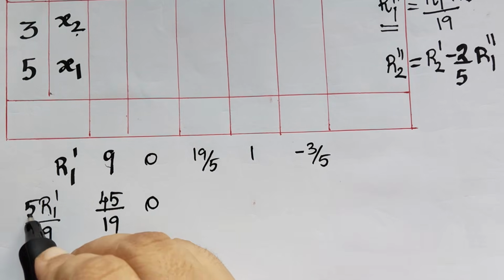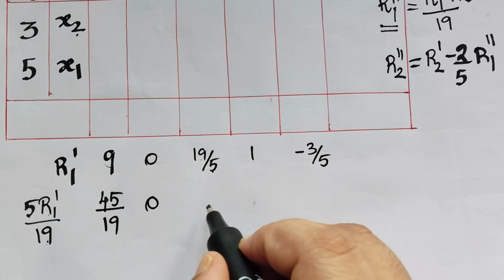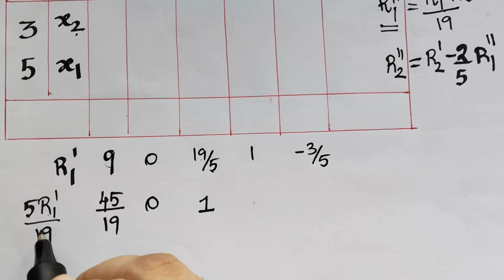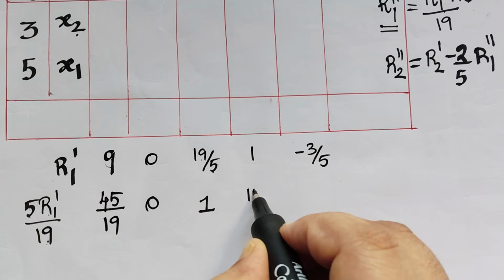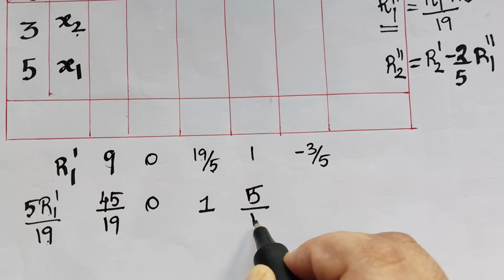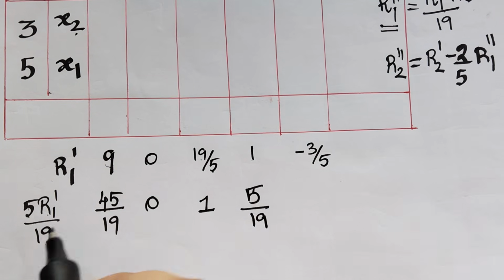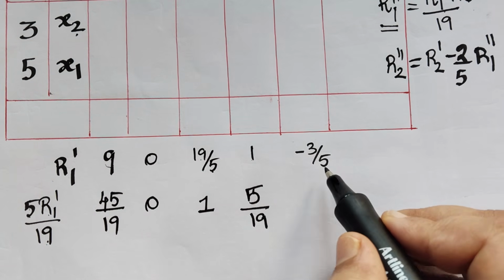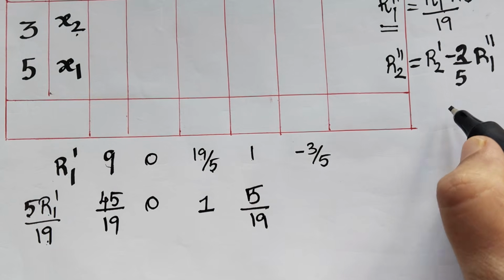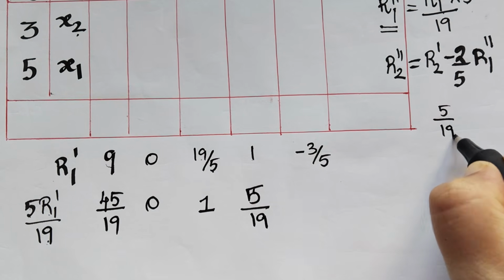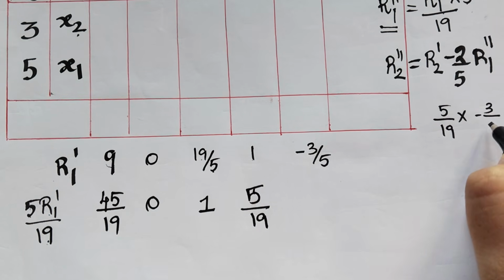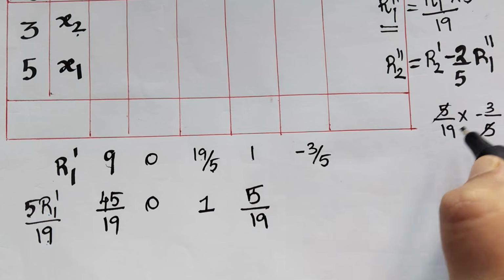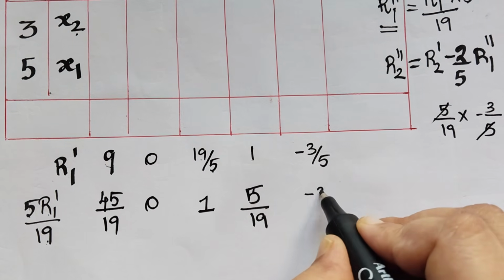Now 5 by 19 multiplied with 19 by 5 will be 1. And then 5 by 19 multiplied with 1 will be 5 by 19. Then 5 by 19 multiplied with minus 3 by 5. This 5 will get cancelled, and so we get minus 3 by 19.